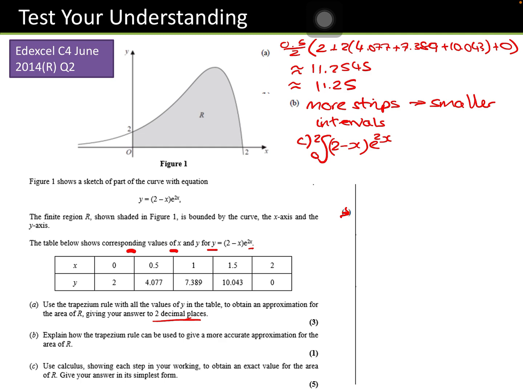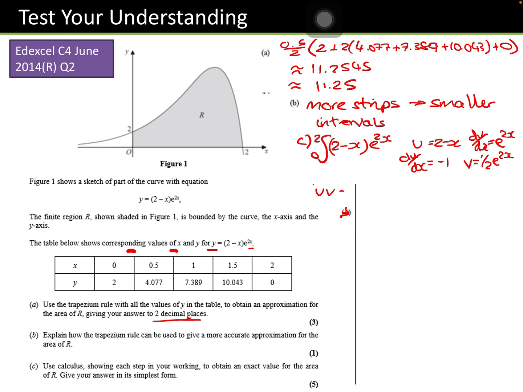Because I'm using integration by parts, I set up u equaling 2 minus x and dv dx equaling e to the 2x. I find du dx, which is going to be negative 1. I find v, which is going to be a half e to the 2x, and I can sub into my formula.